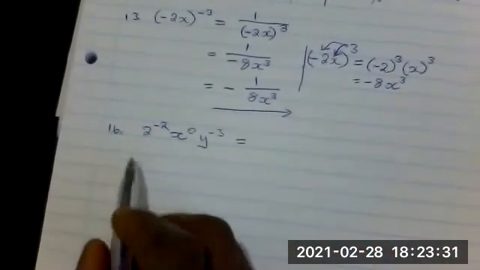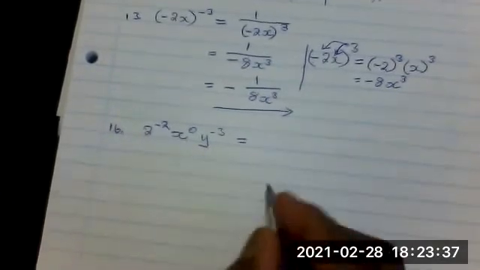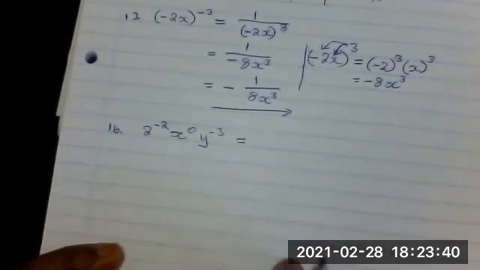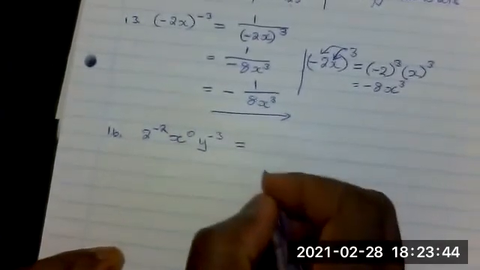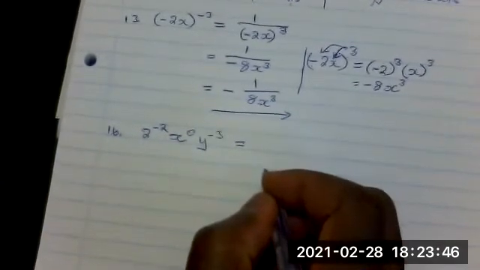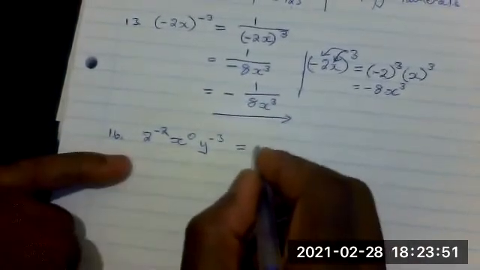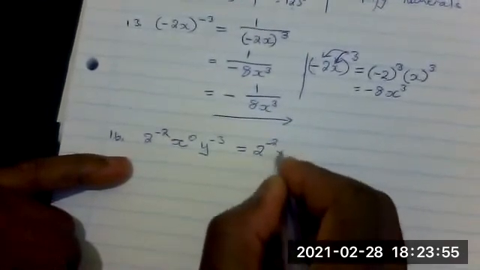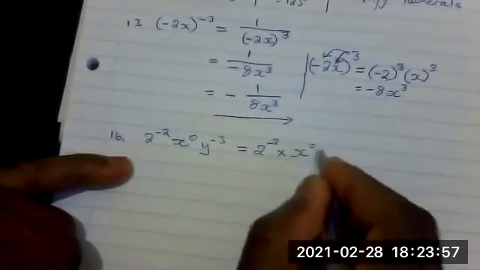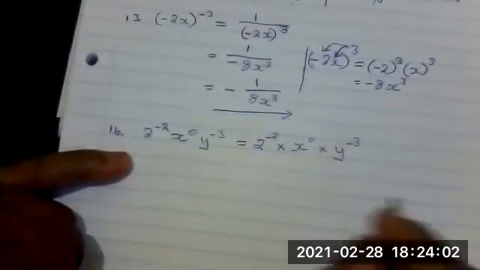Now, if you check here, base 2 is a numeral, right? So allow me to just expand it a little bit. This is for the sake of explanation, right? Because I'm going to deal with each number, then we simplify it later. So it simply means it's the same as 2 to exponent negative 2 times x to exponent 0 times y to exponent negative 3.